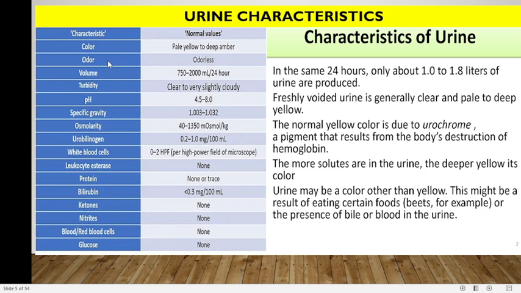In terms of odor, it is odorless. Guys, I've heard of urinary tract infection patients, and patients with diabetes mellitus, reporting that their urine smells sweet. In terms of volume, how much is an adult expected to excrete in 24 hours?